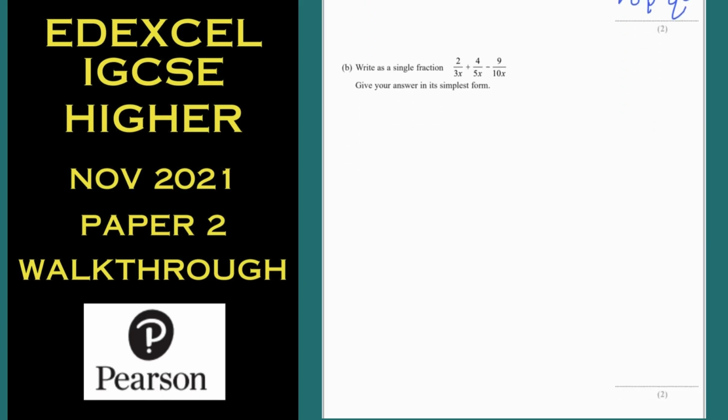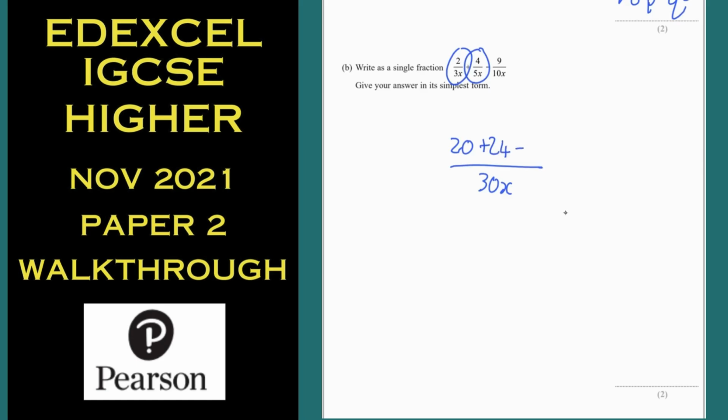Algebraic fractions. You could go for anything, 60x and so on. You need to go for the lowest common multiple, really, which they all go into 30x. On the first term, that would mean you're multiplying by 10. Do the same to the top. Middle term is times 5.